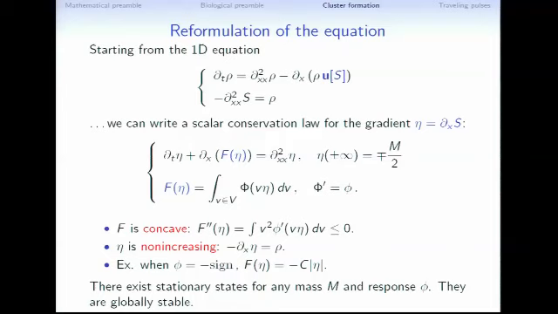So if you introduce eta, which is the gradient of the chemical, you can write a scalar conservation law, which is this one, where eta is non-increasing, because the derivative is minus rho. So eta is non-increasing. F is concave, because you can compute the second derivative, which is a negative thing. So you are in good shape, and you can prove that there always exists a stationary state, and that they are stable. And this is the expression of the flux capital F, which is the integration with capital phi, which is a primitive of phi.